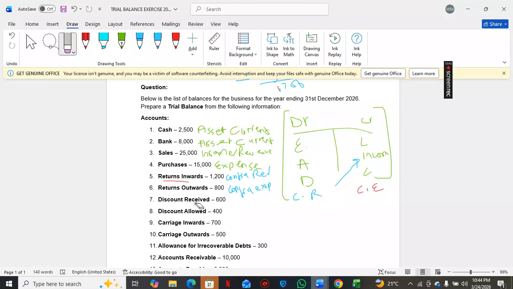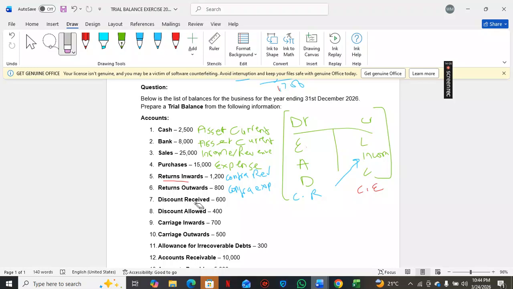And it can also be looked at as a contra revenue, because that 100 kwacha has dropped your revenue. You are supposed to receive 300, but your revenue has dropped to 200. So it can be looked at as an expense or a contra revenue.